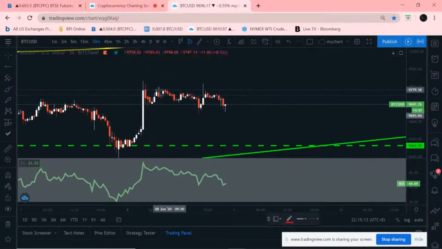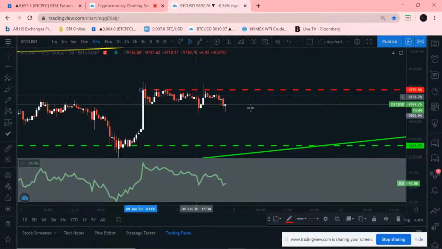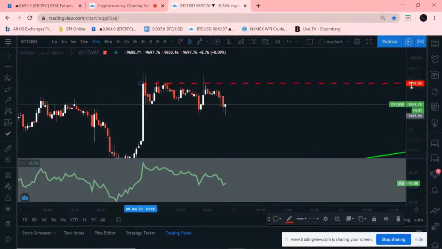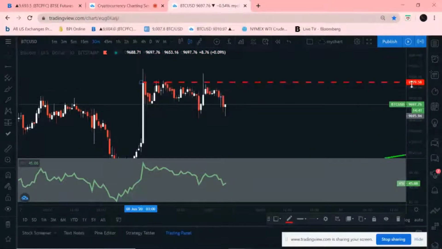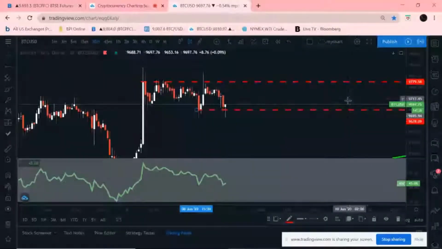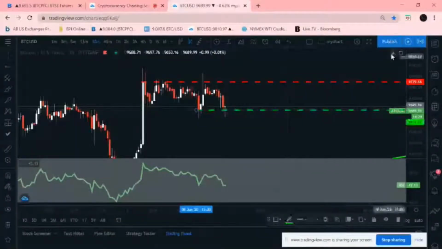So the resistance we're looking at based on the 30 minutes is the 9,800 level. And of course, the immediate support we're looking at is around 9,700. Let's change it to green.